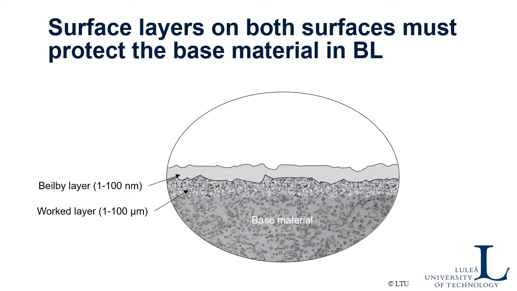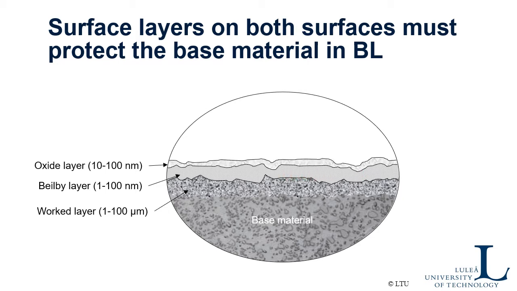And very close to the surface and relatively thin, you have a very much worked layer where the microstructure is completely changed. This layer has been melted due to the sliding contact, or could also have occurred during the manufacturing of the surface. So it's a kind of remelted layer.